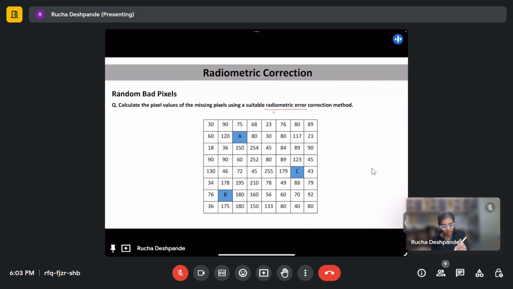When we look at an image like this, first we will try to identify what type of radiometric error is there. Looking at this image, can you tell me what type of radiometric error this would be?